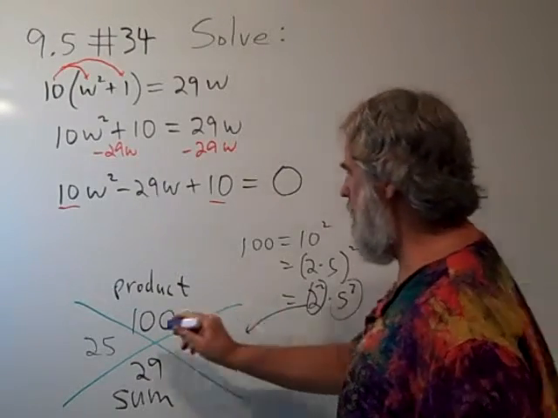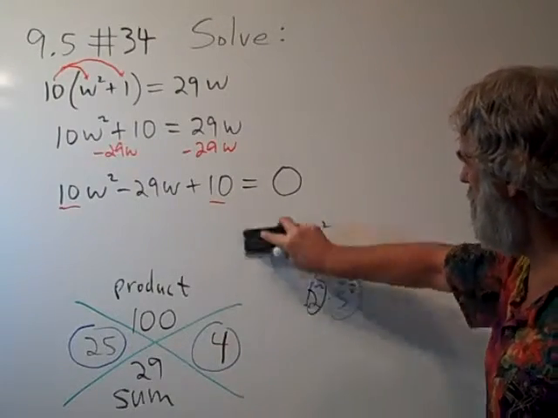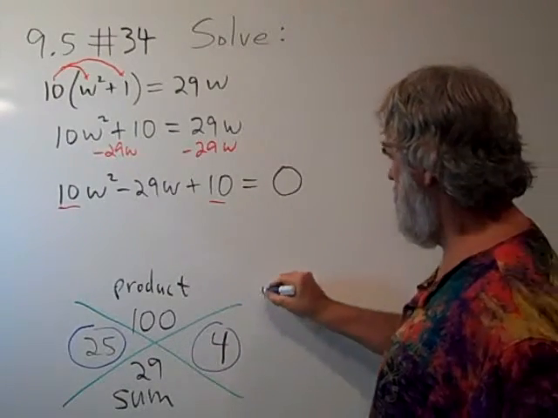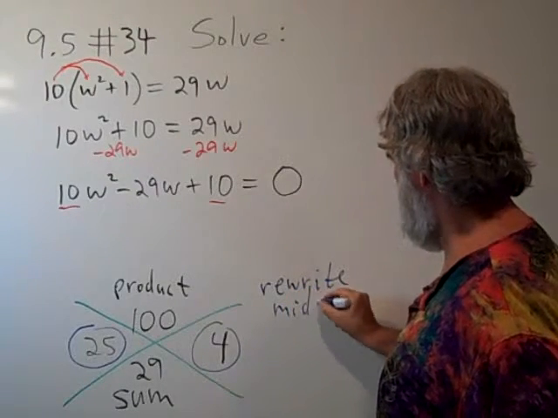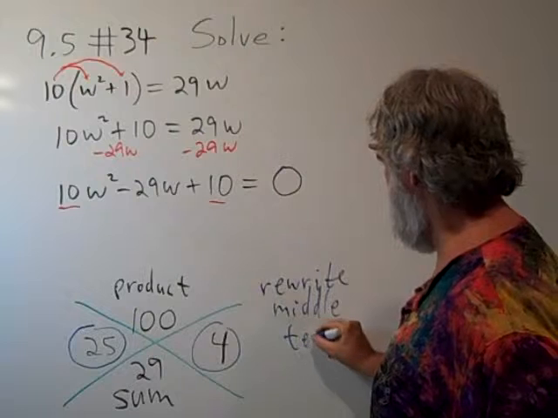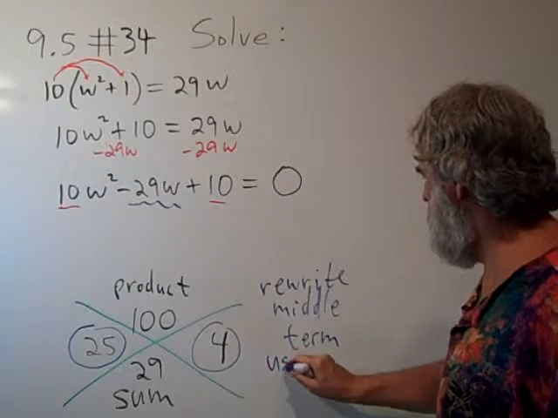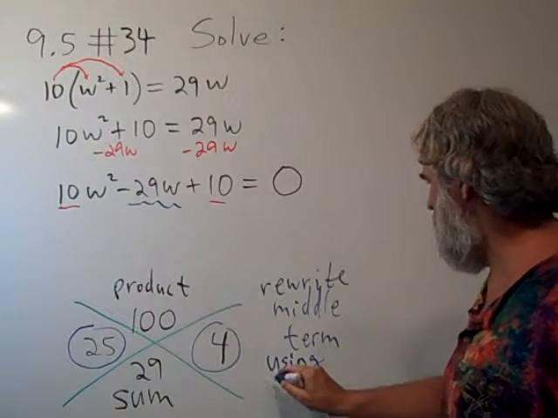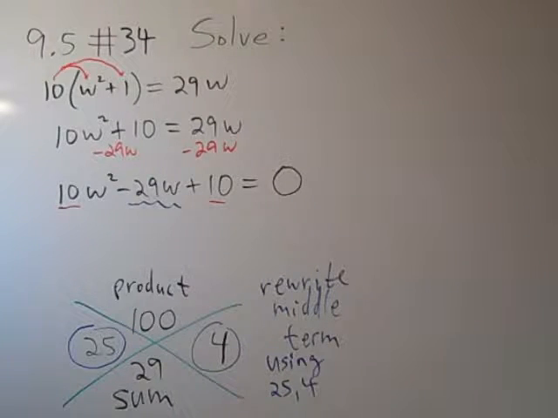Now we're going to rewrite the middle term using those two numbers, 25 and 4, the two numbers we just found.